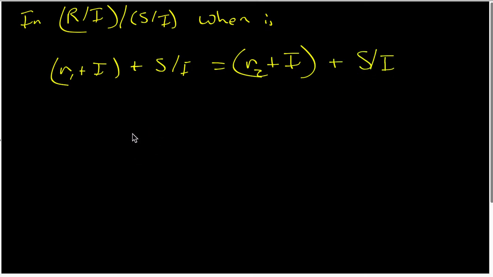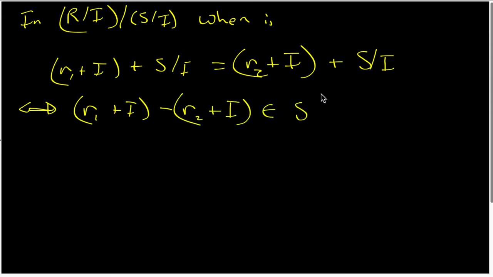Now, I know something, and I want to make it clear. These are two cosets, and this element here is the coset representative of R1 plus I plus the ideal S mod I, and this is the coset representative of R2 plus I plus our ideal S mod I. And two cosets are equal if and only if the difference of their two coset representatives lies inside the ideal that we are modding out by.